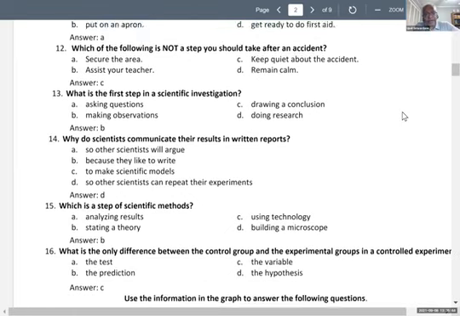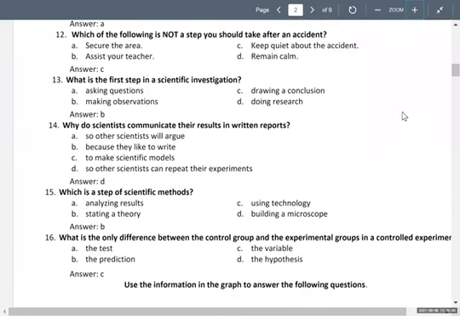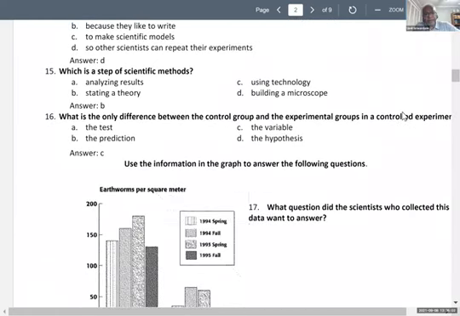Number 13. What is the first step in a scientific investigation? It's making an observation, then planning an experiment to test the observation, repeat. So the first step is making an observation. Number 15. What is a step in the scientific method?